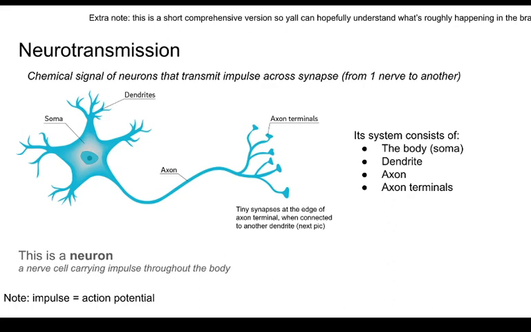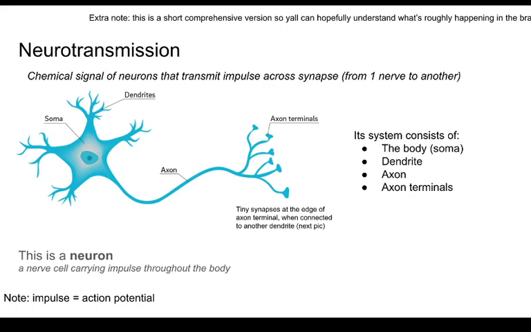Okay, so as per the additional terms that we're going to be learning, this thing in the picture right there is a neuron. This is a nerve cell that will be carrying impulse throughout the whole body, and it consists of the body, the soma, this part, the area with the nucleus, the dendrites, which is what I was talking about before, and the axon terminals.